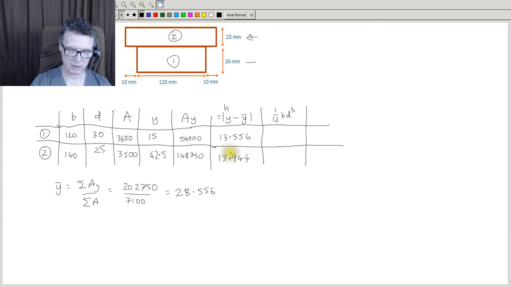The numbers are getting big, so press the Eng button. So 270 times 10 to the 3. Next one, 25 to the power of 3 times by 140 divided by 12. Once you've started getting things 10 to the power of 3s, then press your Eng button, make everything the same.